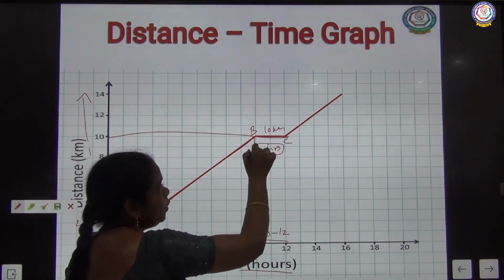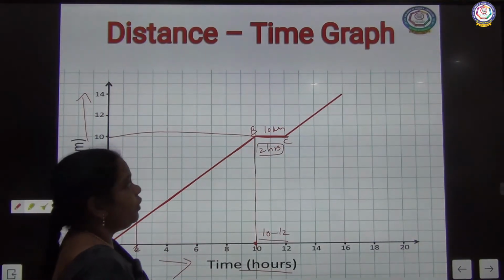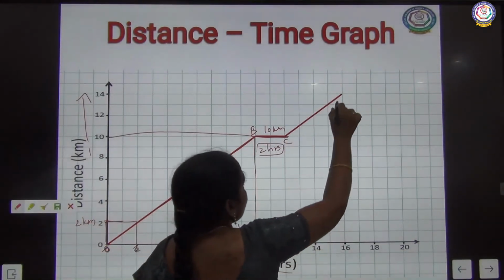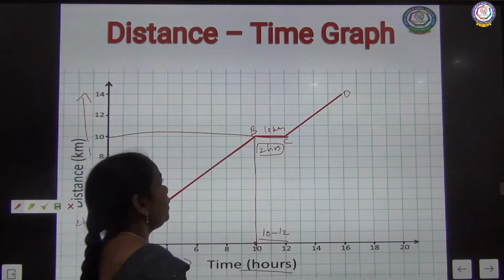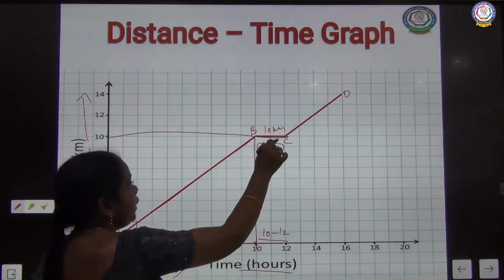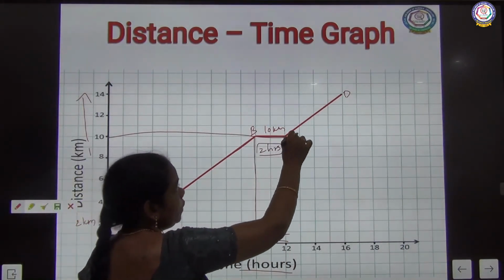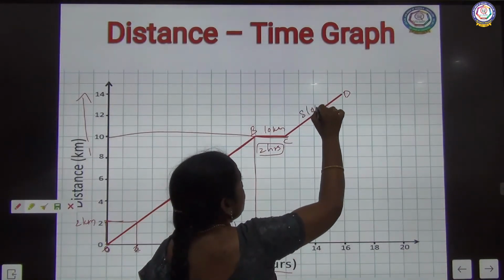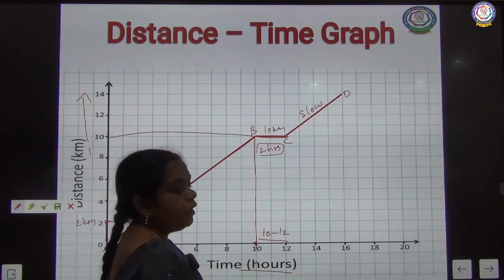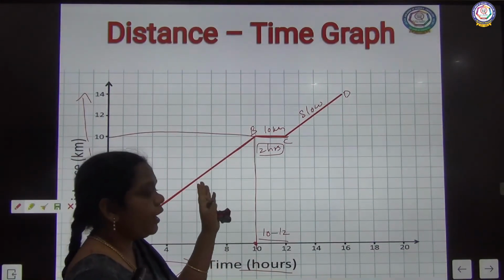For up to 2 hours the vehicle is not moving, and after that from C to D it's moving, and when you compare this speed, it's going down. So the speed from C to D is slow. Understand? So by the graph you can calculate the speed.